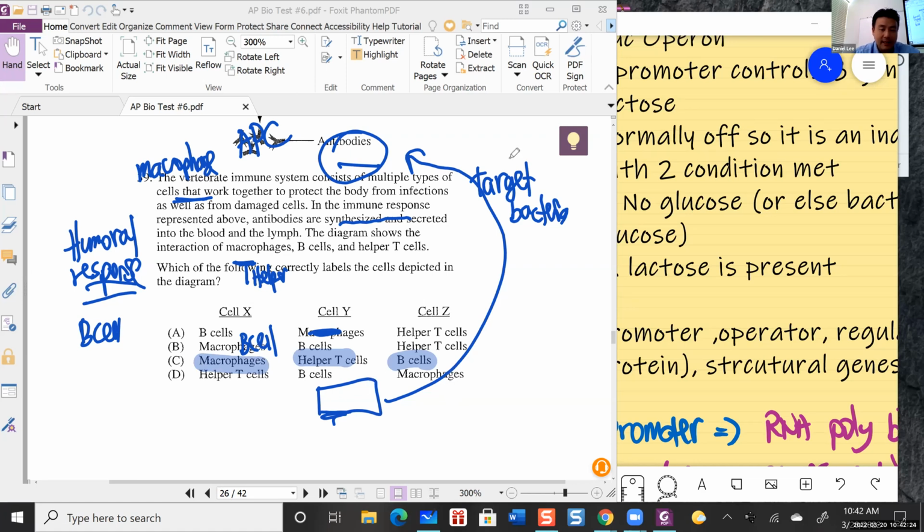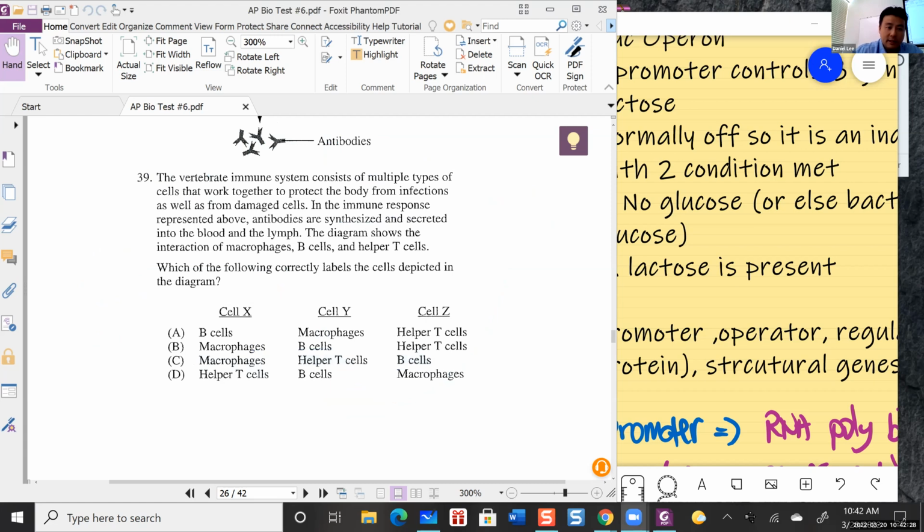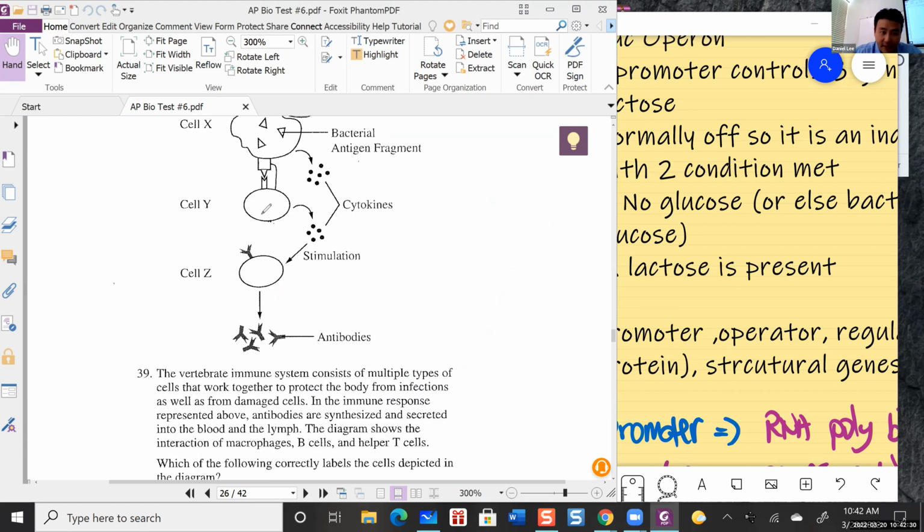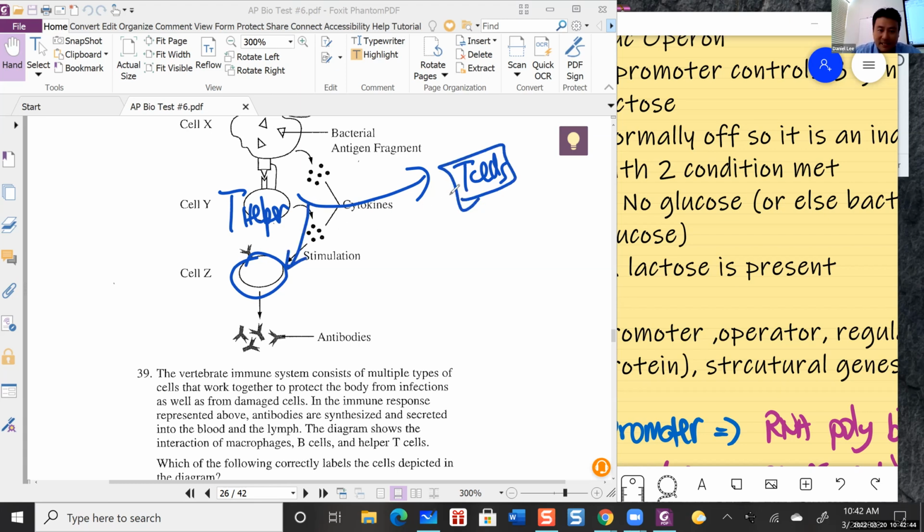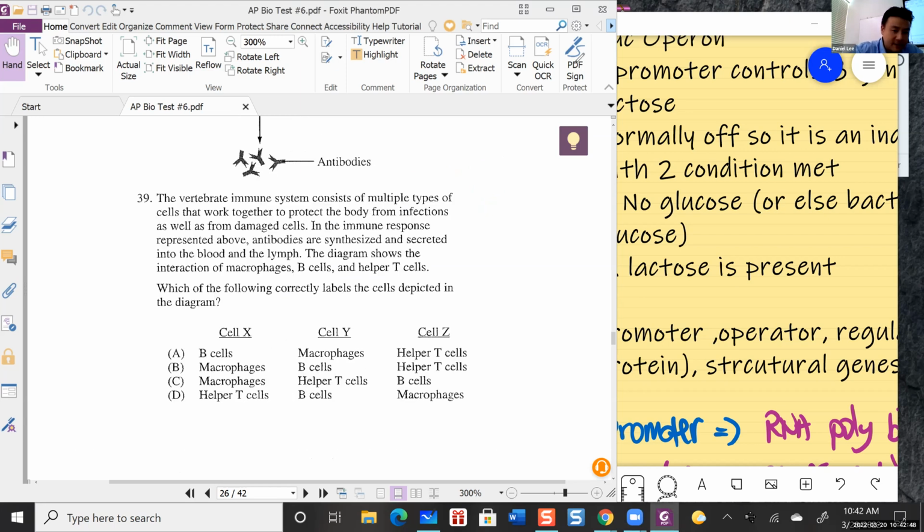So understanding that the T helper coordinates everything is important, yeah? They receive input from the antigen presenting cell. They will activate the B cells. They will also activate the T cells. So they activate the specific immunity, the acquired immunity, yeah? So the T helper cell is important.